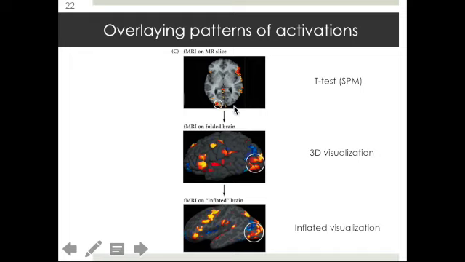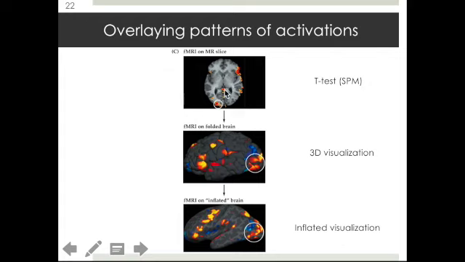The colorful blobs come from the functional images themselves, whereas the structural image on which it's overlaid is the same as the T1 image that we've already talked about when we talked about structural imaging. And so from these patterns of activity overlaid on structural templates, you can also do a three-dimensional visualization.